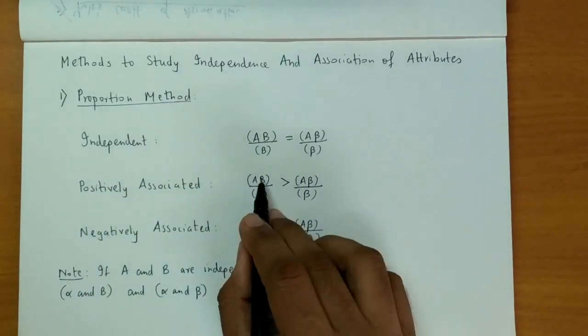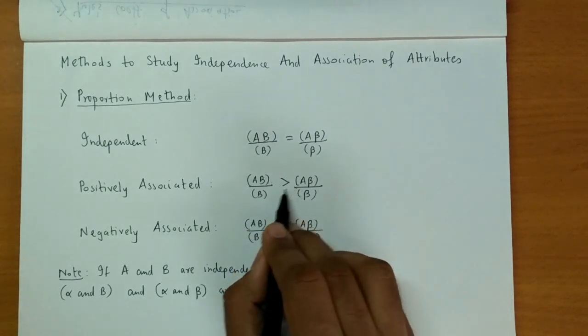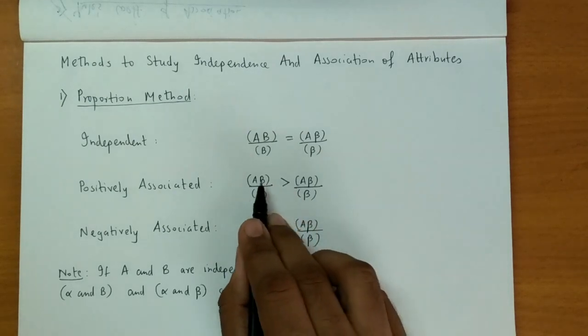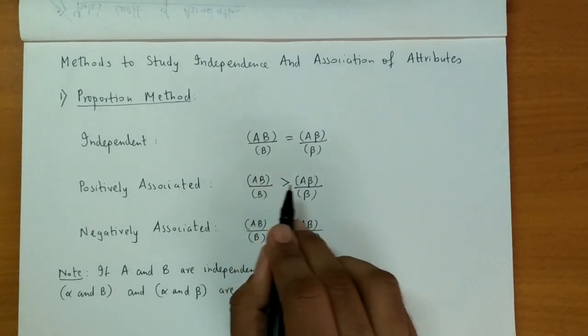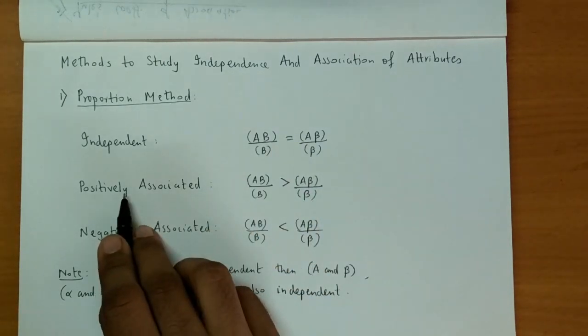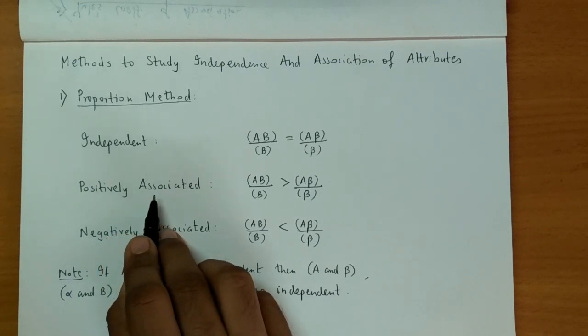Next is if AB upon B is greater than A beta upon beta, that is proportion of A amongst B is greater than proportion of A amongst beta, then we say the attributes are positively associated. Next is exactly opposite.